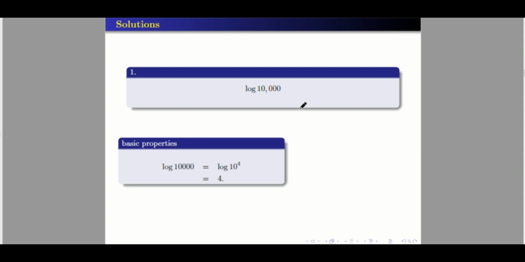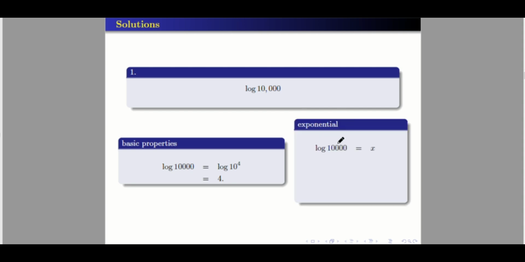If you want to use the exponential form, we'll just equate this given to x and then convert this one to exponential form. So take note, we'll start with b base raised to x equals 10,000.